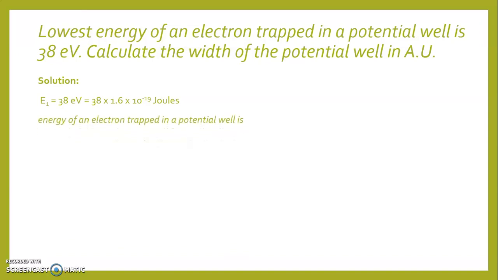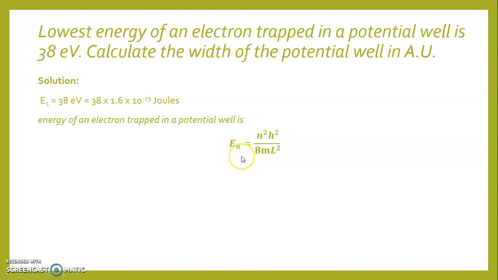Next, we know the formula for that. The energy of an electron trapped in a potential well, the general formula, is E suffix n is equal to n square h square upon 8 m L square, where n is the order, an integer number, so it gives different energy levels. h is Planck constant, m is mass, L is the width of the rigid box or potential well, and E suffix n gives the energy eigenvalues of the different levels n.